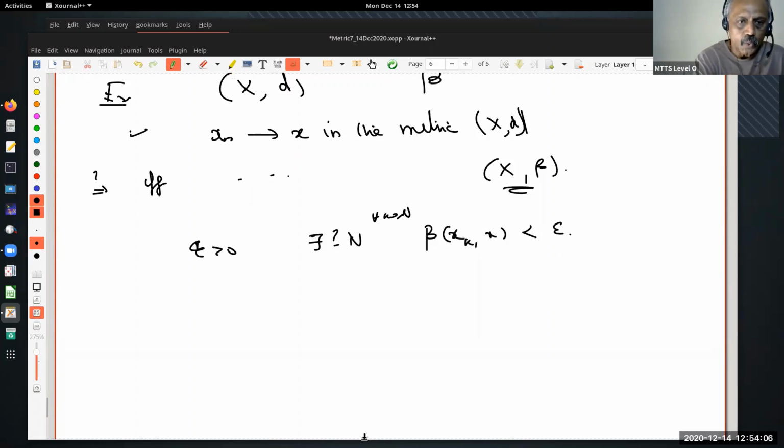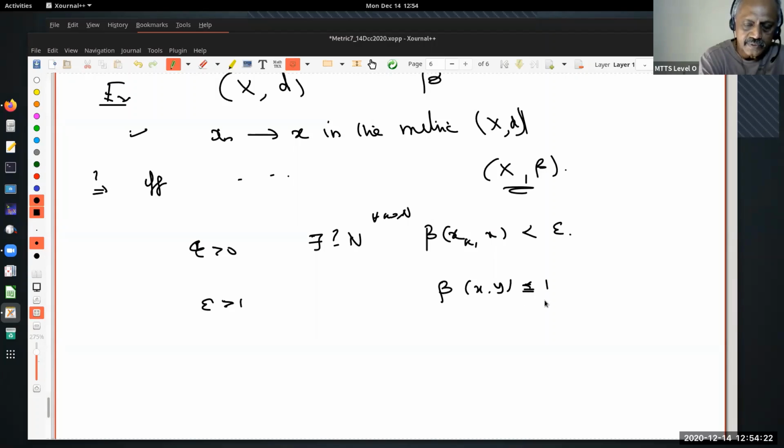Now what do I know? Now suppose epsilon is greater than 1, right? If epsilon is greater than 1, then beta of any 2 points x and y is less than or equal to 1. You understand that? Are you following?